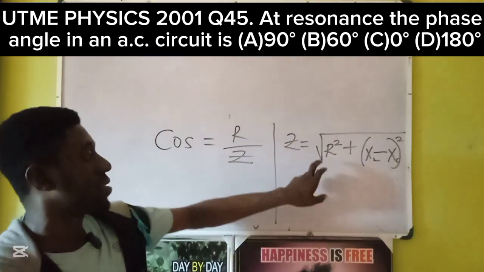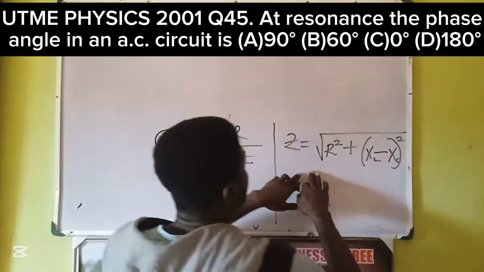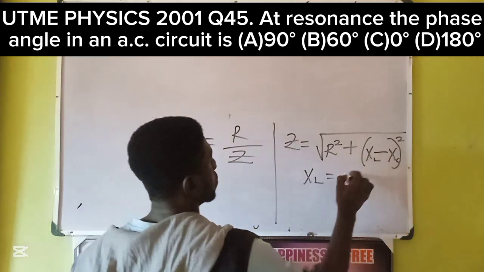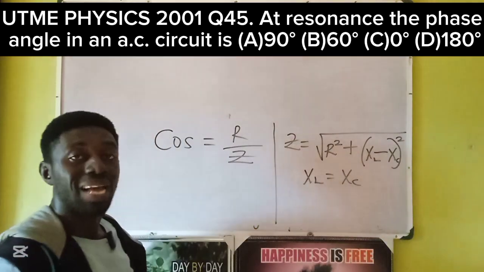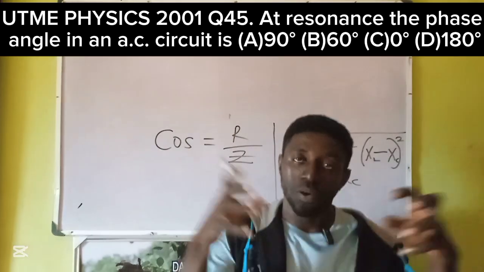This is my impedance. The only way this can become a resonance circuit is that XL becomes equal to XC. That's the condition for a circuit that contains an inductor and a capacitor to also be a resonance circuit.